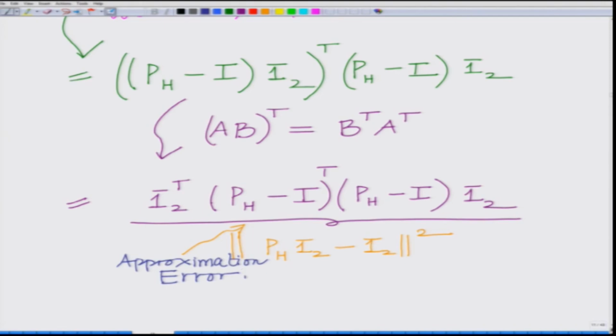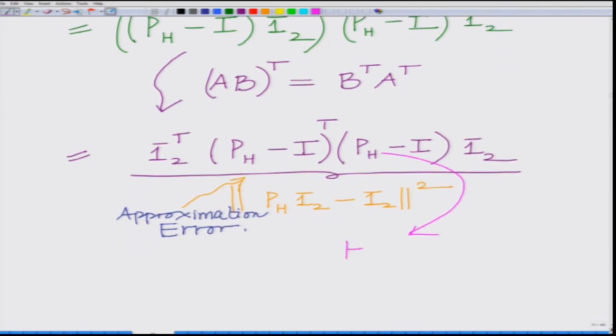So, we are able to derive this expression for the approximation error, which is 1 bar 2 transpose PH minus I transpose times PH minus I times 1 bar 2, where this matrix PH, just to clarify again, we have defined as H transpose inverse times H. That is the definition of this matrix PH. Now, we want to simplify this expression that we have derived for the approximation error, but before that, let us explore the properties of this matrix PH.